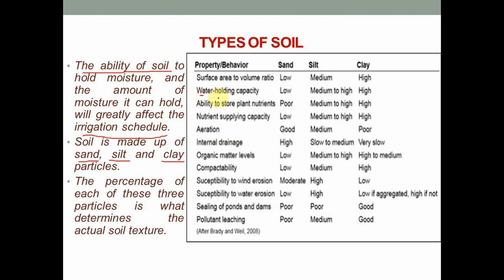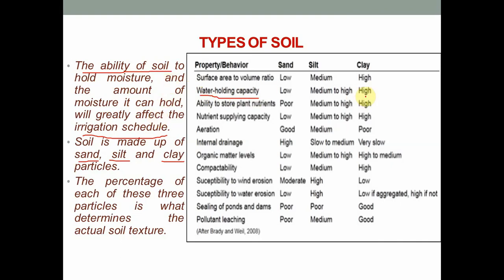Now one is the water holding capacity of the soil. As we saw in the first point, if the soil is able to hold water or moisture at a greater capacity, then the water available for the crops is more. So it is a good property, water holding capacity.